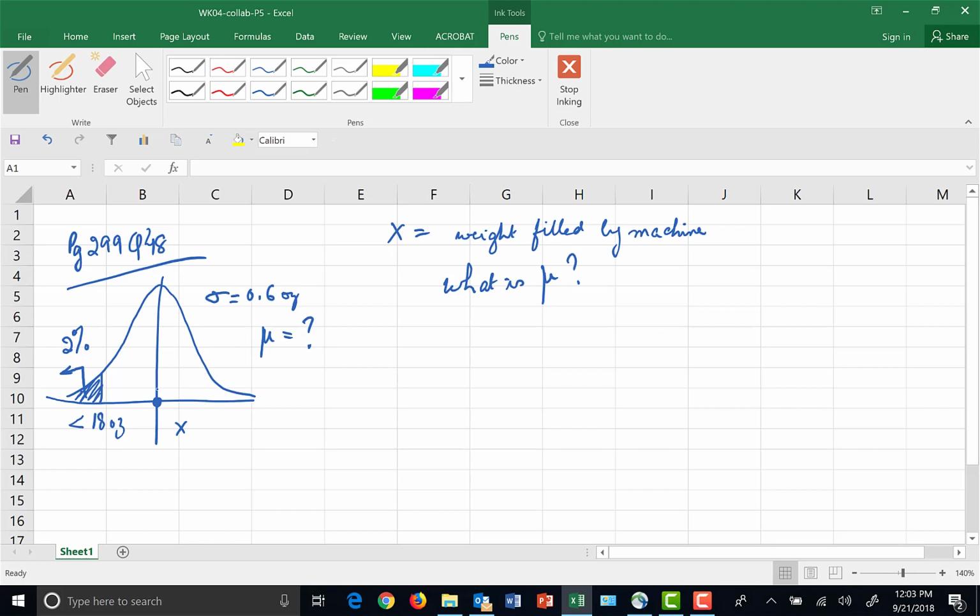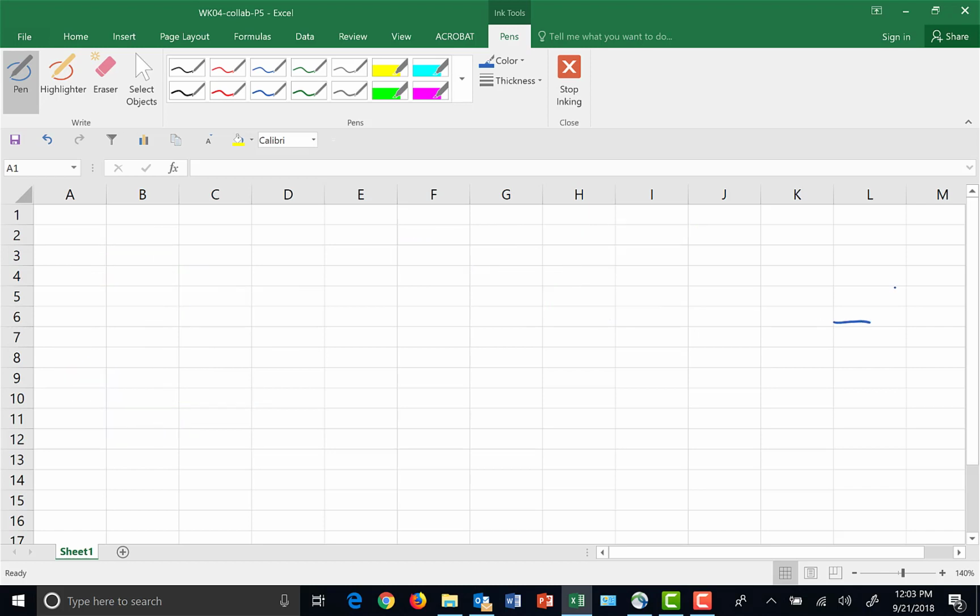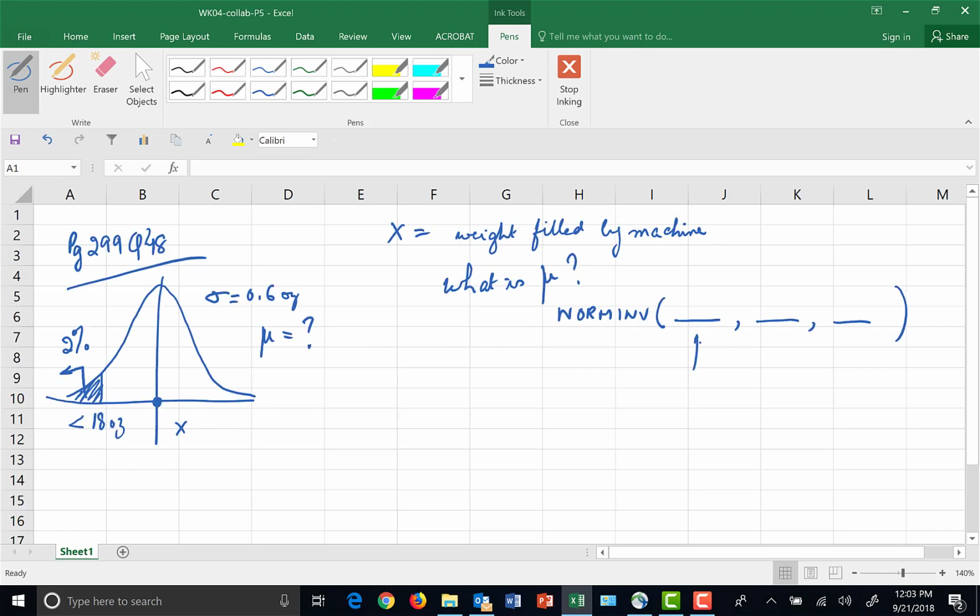If we use the rule that we have described in class, that is, I know a probability, I'm given 2%, and I want to find a location on the x-axis, the rule says that you would use norm inverse. Okay, so now let's see what happens if we try to use norm inverse. The norm inverse requires 3 inputs. If you look at the Excel function, the first input is a probability. I know that's been given to me, 2%.